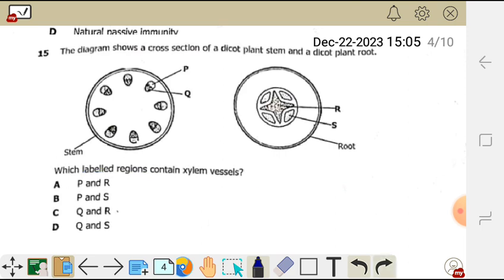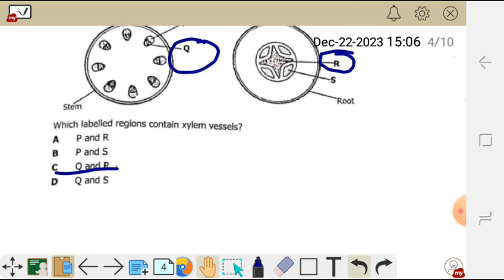In a dicot root, always know that the xylem is star-shaped. The xylem is R. Then in a stem, it is inside, separated by the cambium. The cambium is going to separate the xylem from the phloem. The phloem is outward, and the xylem is inside, which is Q. So Q and R are the xylem, which is C. Question 15, the correct answer is C.